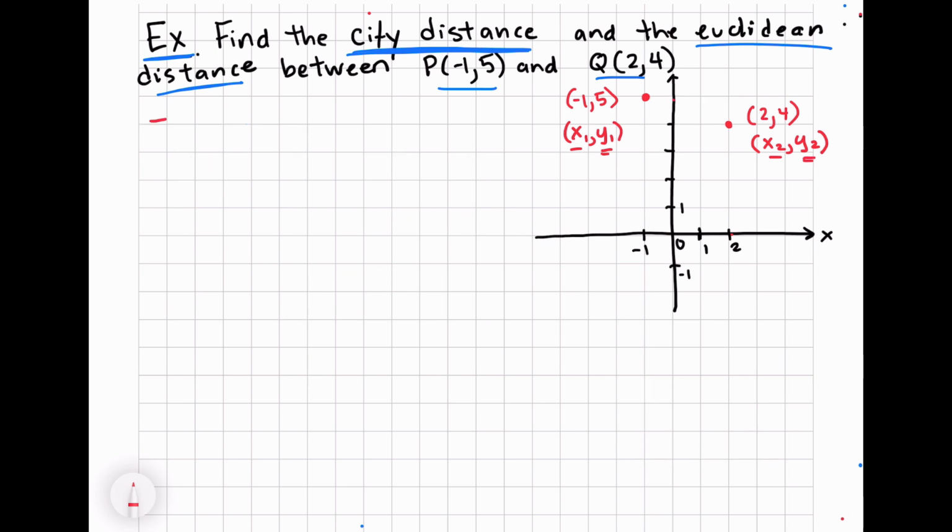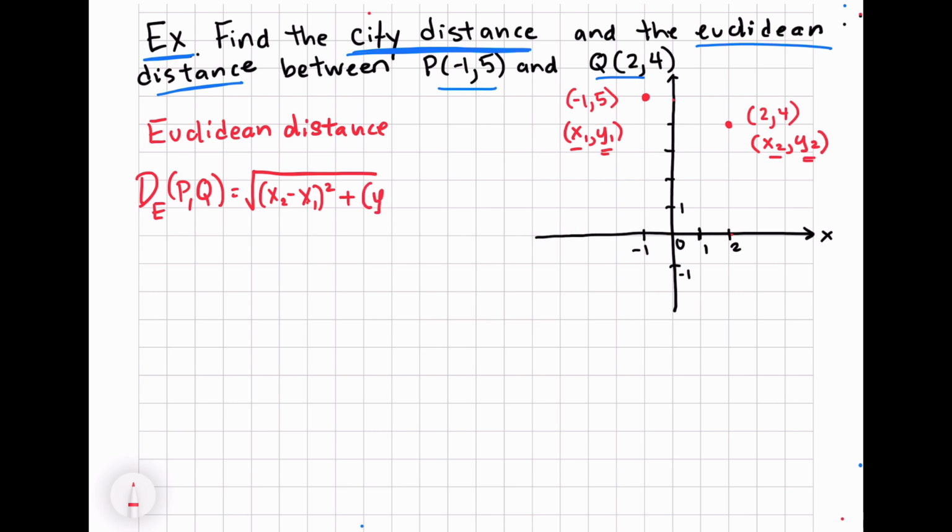Now let's calculate the Euclidean distance, and we'll use the formula d with the little e. Euclidean distance is given by the difference of the x coordinates of the points squared plus the difference of the y coordinates squared, and we take the square root. So in this case, x2, 2, minus x1, which is -1, squared, and then y2, which is 4, minus y1, which is 5, squared.